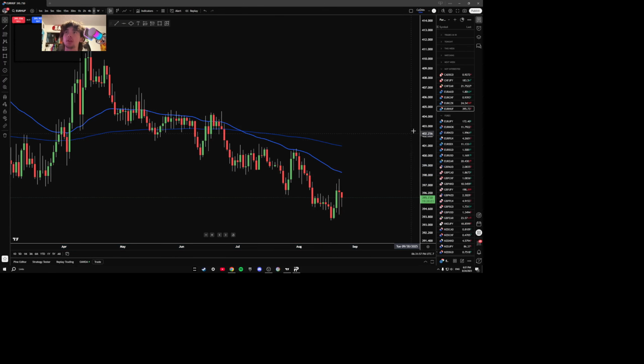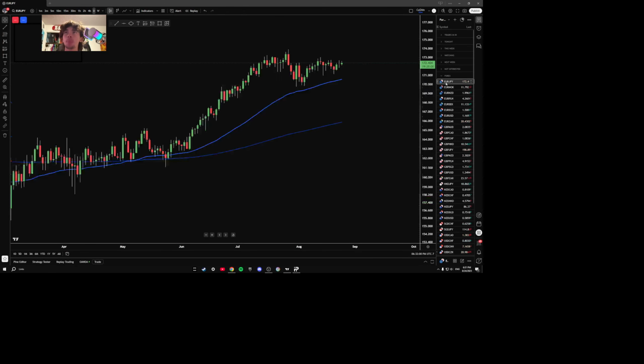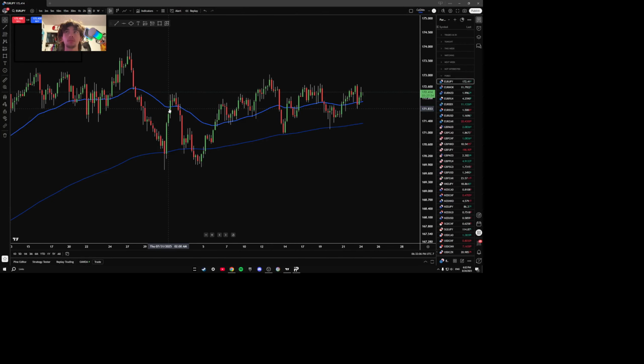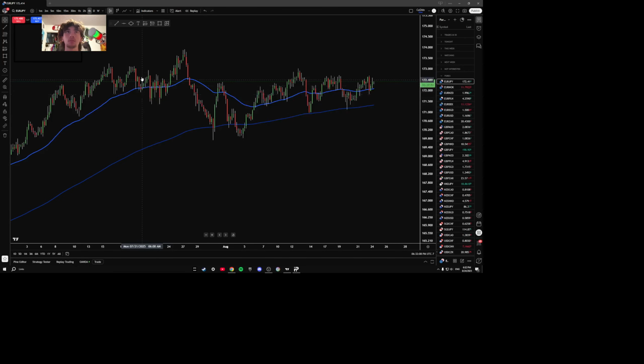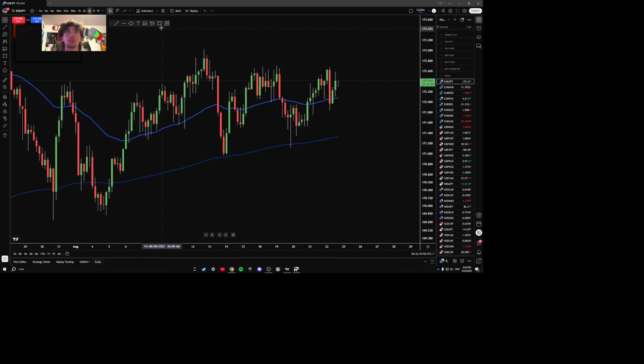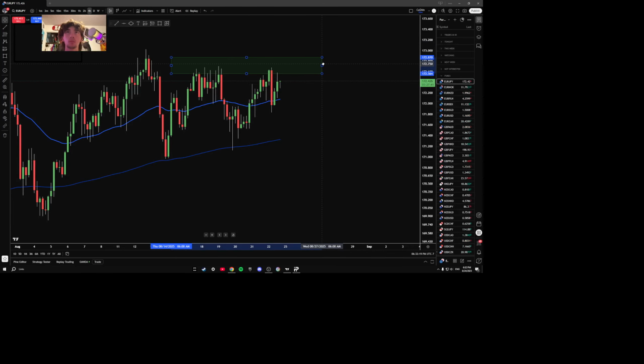I don't like this AOI that much anymore. Euro JPY. Good rejection down. Don't like how it's retracing.